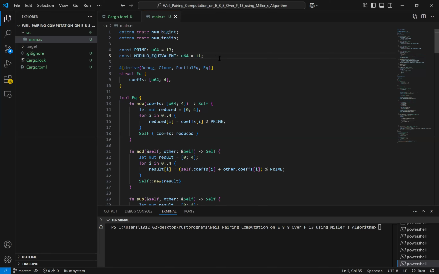Because t raised to 4 is supposed to be -2, but -2 mod 13 is 11. So that 11 is the one I put here. My code is now aware that every time the power would spill beyond 4, it will replace t raised to 4 by 11.